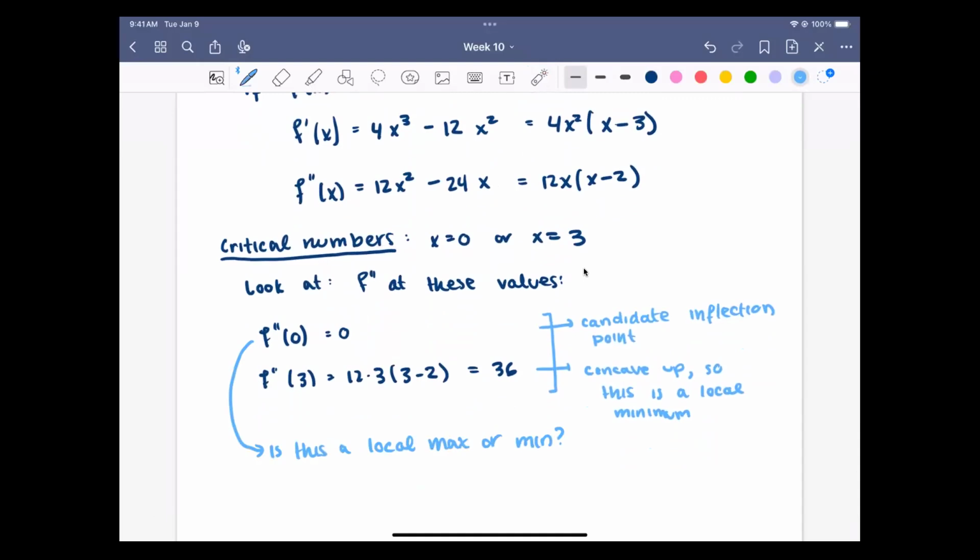Does the second derivative test not give you an answer? Is it possible for the second derivative to be 0 and still be a local max or min?